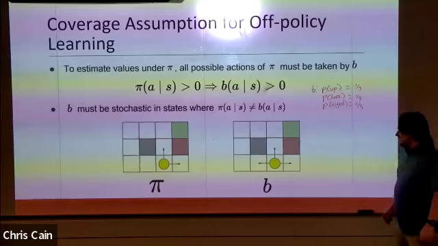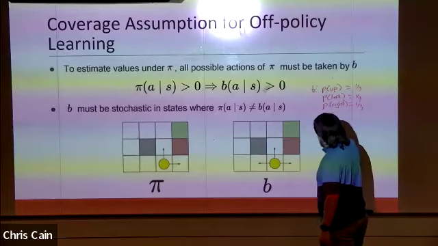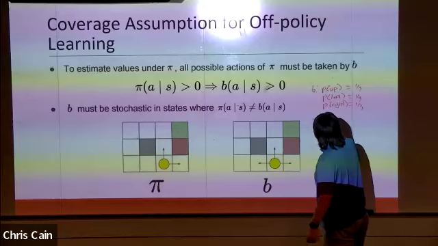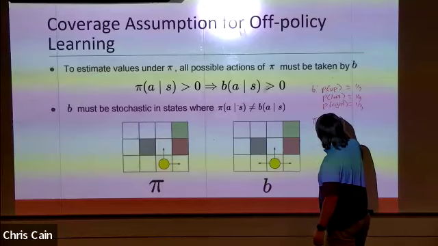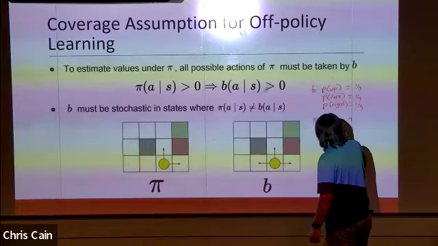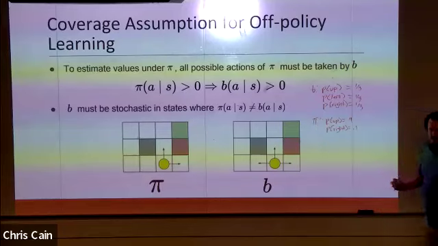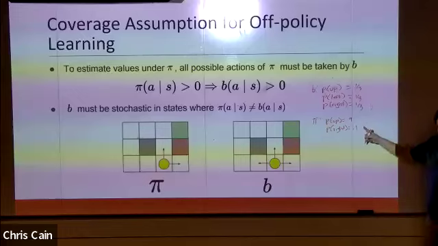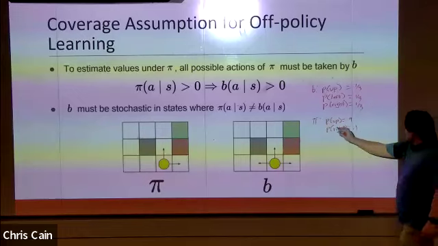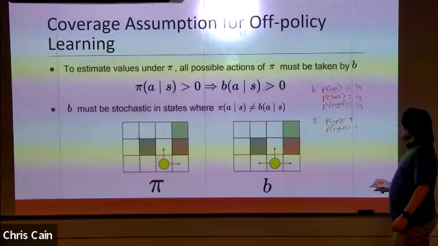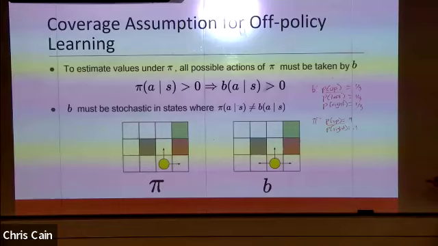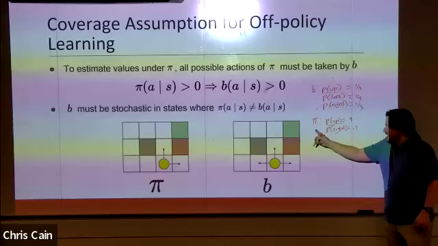So the target policy is going to say that the probability of going up is 0.9, and the probability of going right is 0.1. We can now come up with the associated ratio between these values for the probability of up and the probability of up. How likely are we to take that move in this policy compared to this policy?